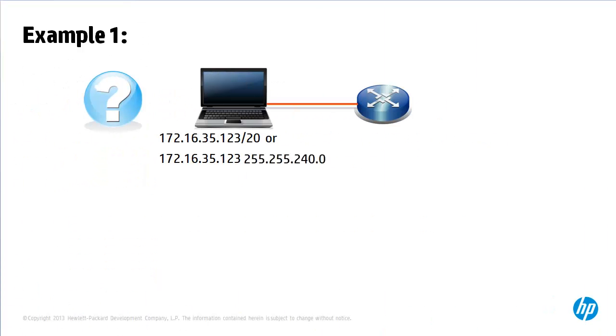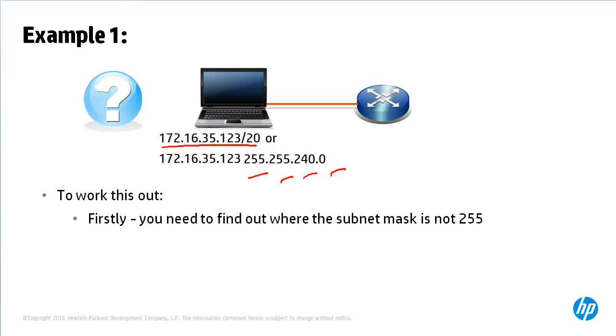So in this example, we've got address 172.16.35.123/20, or the decimal equivalent would be 255.255.240.0. What is the first host, last host, subnet, and broadcast address for this host address? To work this out, firstly, you need to find out where the subnet mask is not 255.